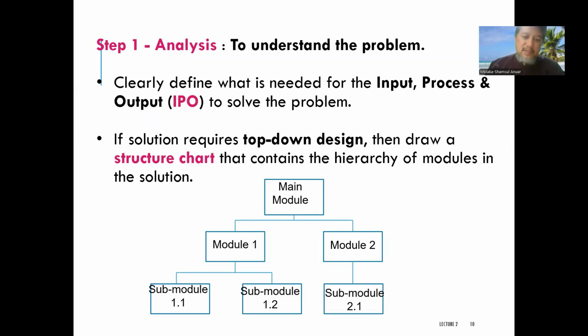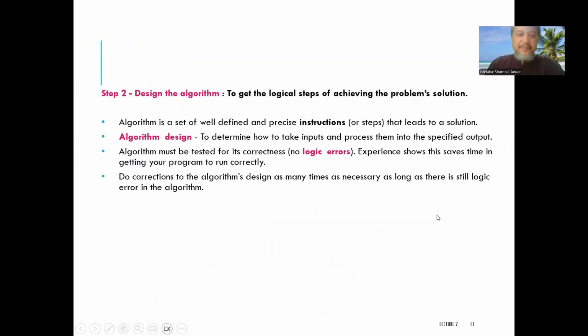So this is the top-down design. So you have the main module or main program, and then you have the sub-programs. We call them module 1, module 2. And then we can further break them into sub-modules.